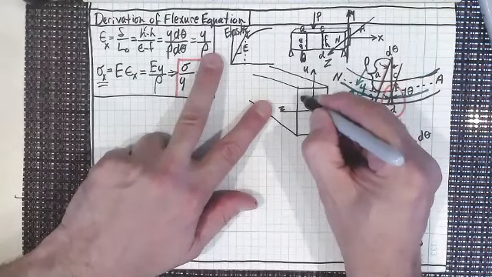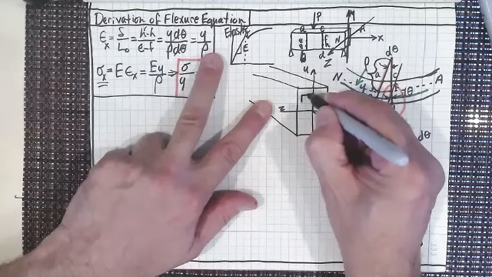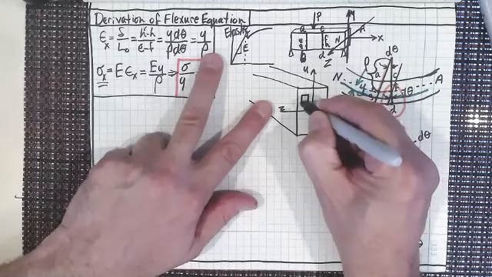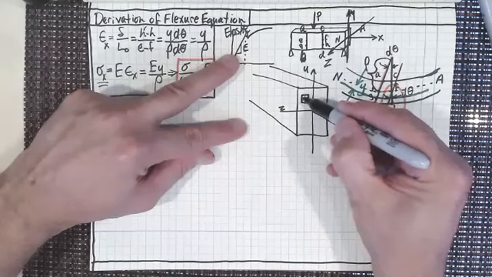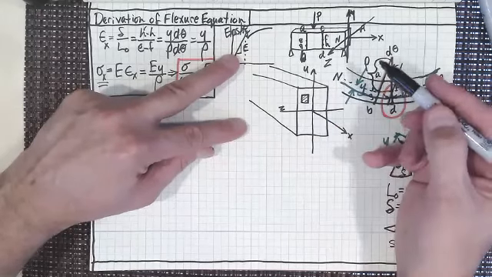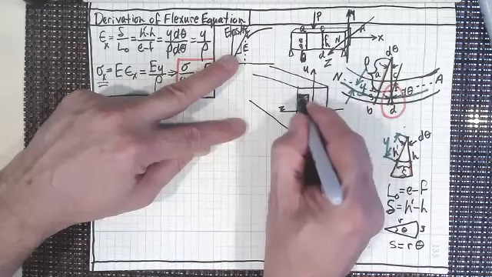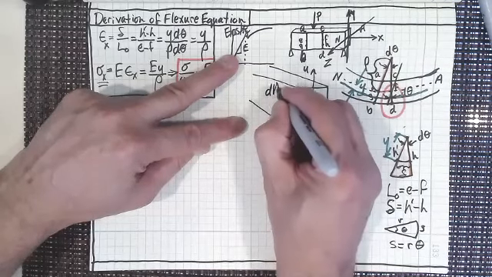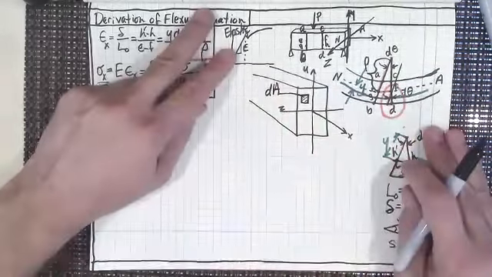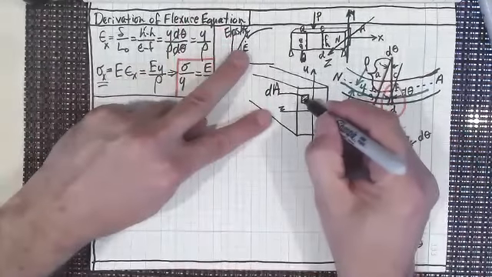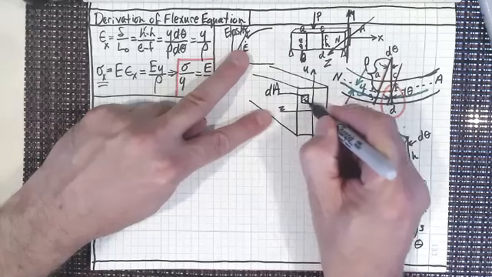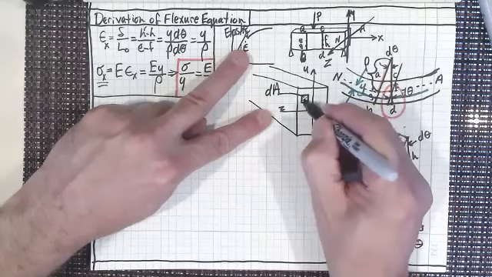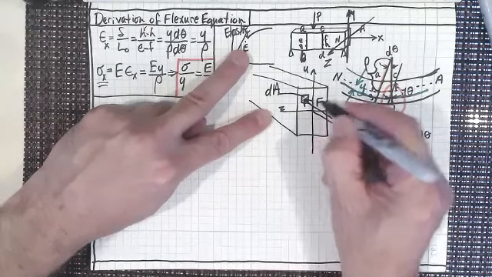And so if I was going to look at a small little cross section here, right? Let's say that that little cross section that I'm looking at is dA, right? And now I'm going to have a force that's pushing in that direction.